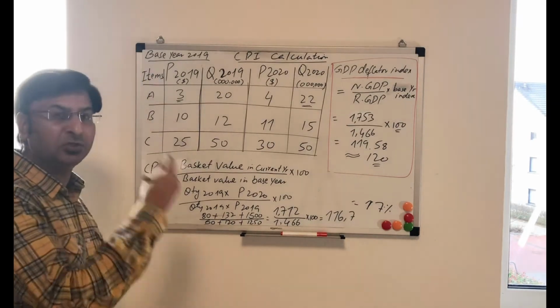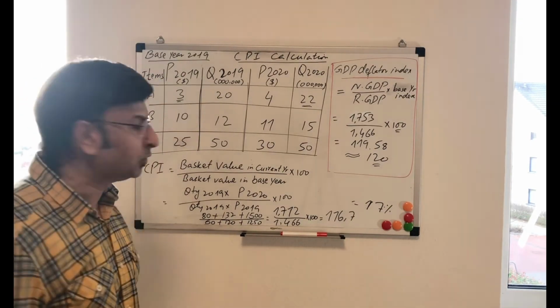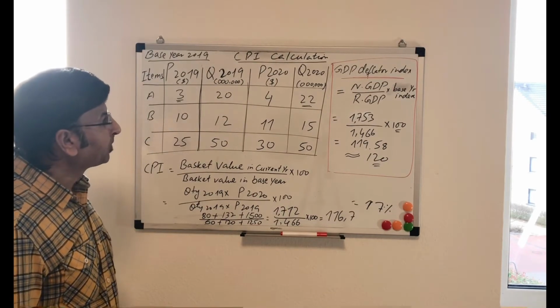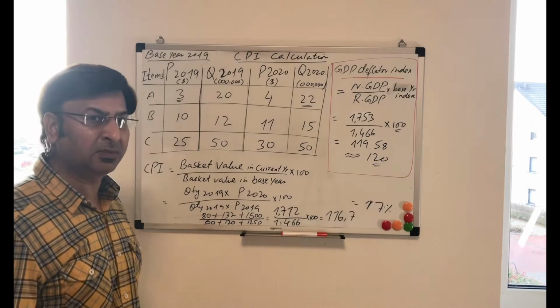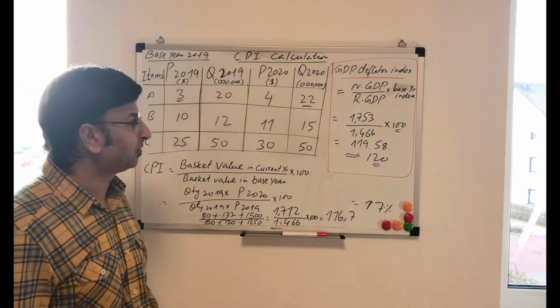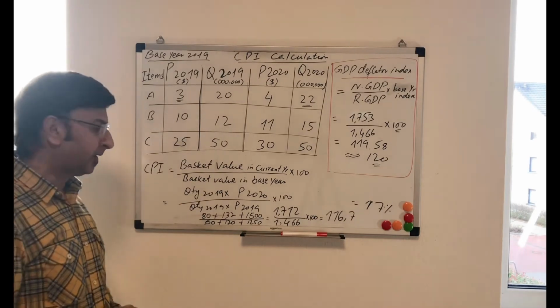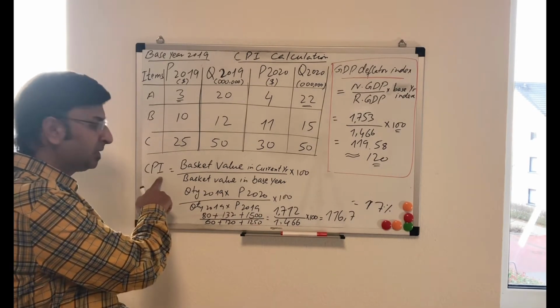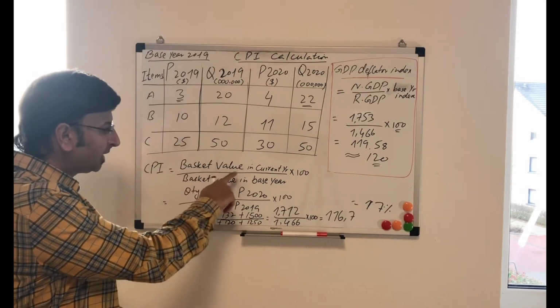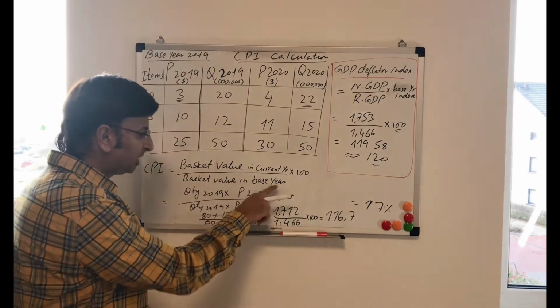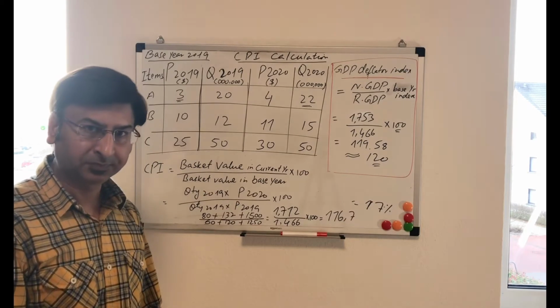So I would continue with the same example I have been using for the last two videos, as you have seen. The difference between the CPI and GDP deflator method is in the formula itself. As you can see, the CPI you calculate by using basket value in the current year over the basket value in the base year times 100.